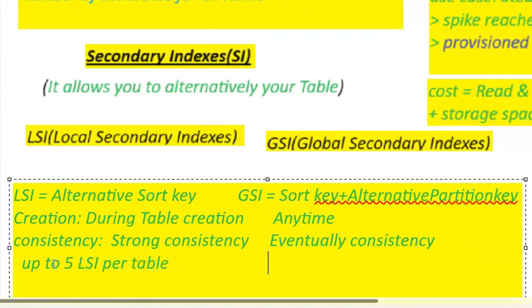Whereas global secondary indexes, you can create up to 20 per table. These are the hard limits that you need to remember, because they may ask you in your certification questions.